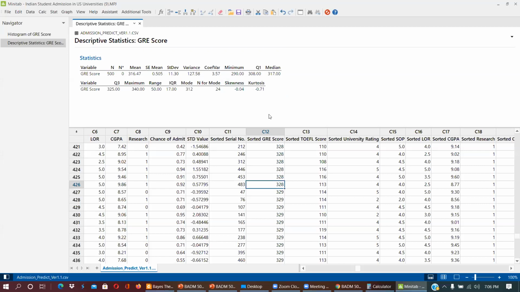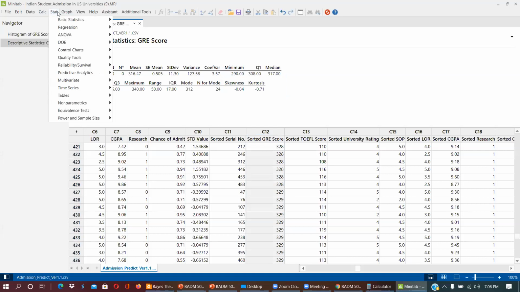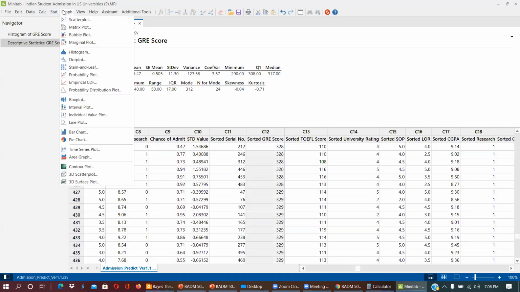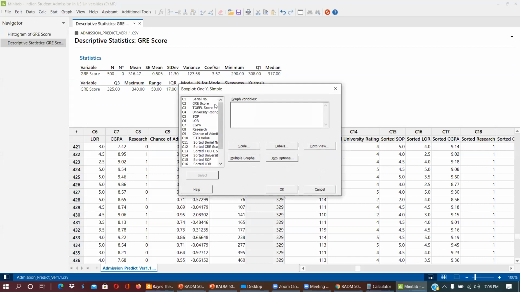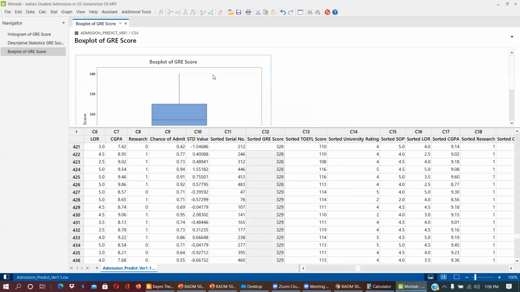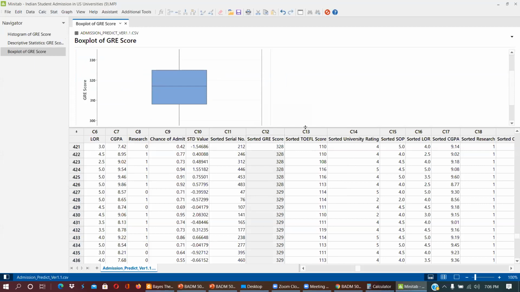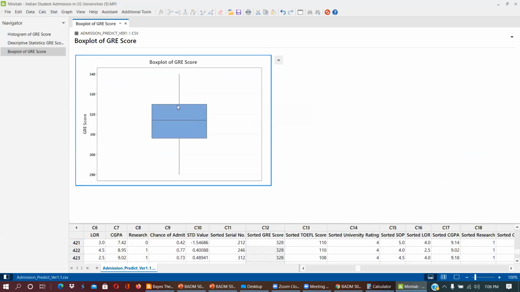Now we have a question. Here we go to Statistics. Here we go to Graph. Under Graph we have box plot. So I'm just going to use box plot. Okay, I'm going to use it again for GRE. So here you can see this is the box plot.